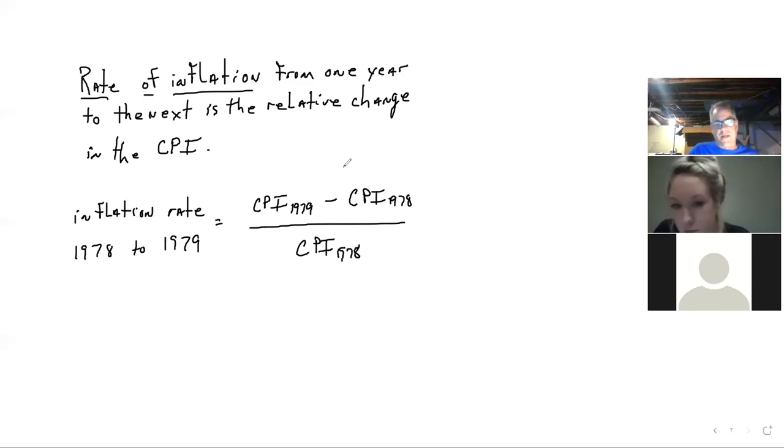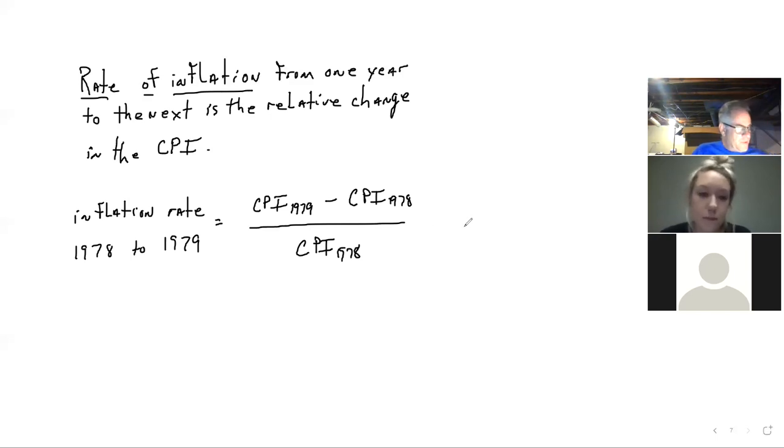Now, we've done this kind of calculation numerous times now with percentages. I'm comparing 79, how much more did it increase? So I need that absolute change and then divide it by my reference value.